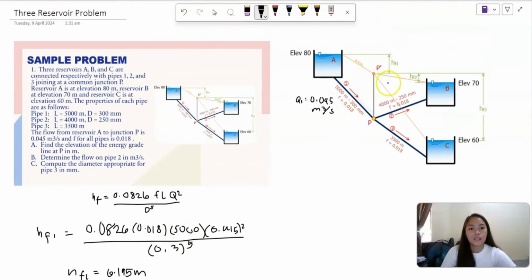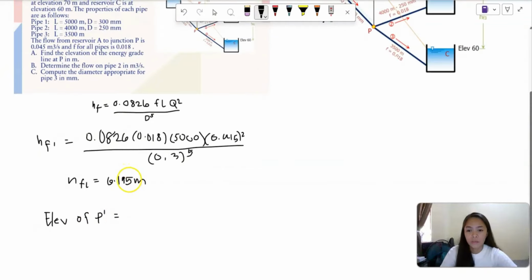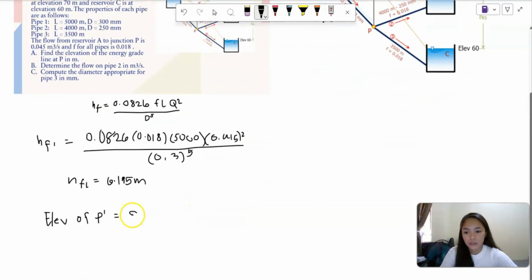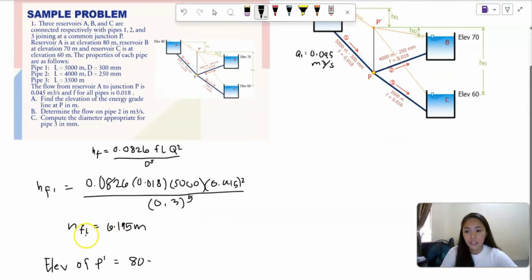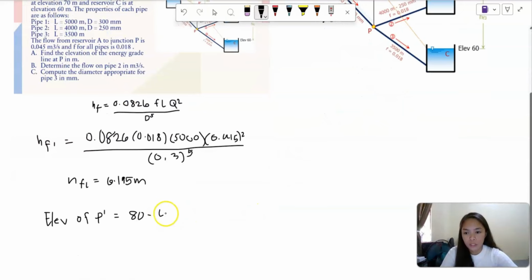So in order for us to get this elevation here, the elevation of P prime is equal to the elevation at A, which is 80 meters, minus the value of our HF1, 6.195.